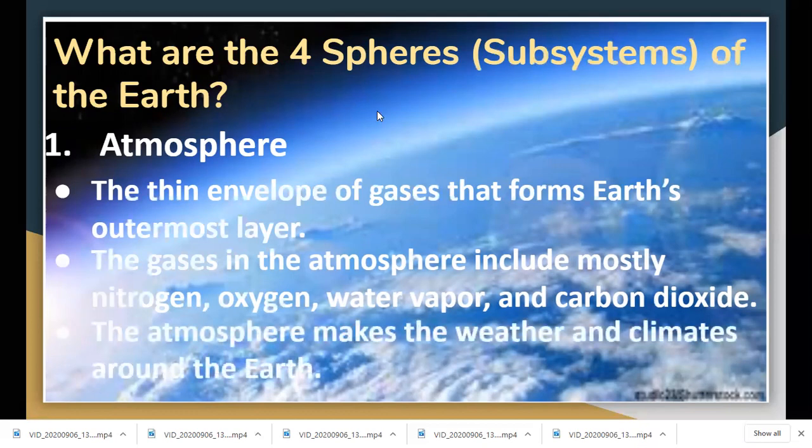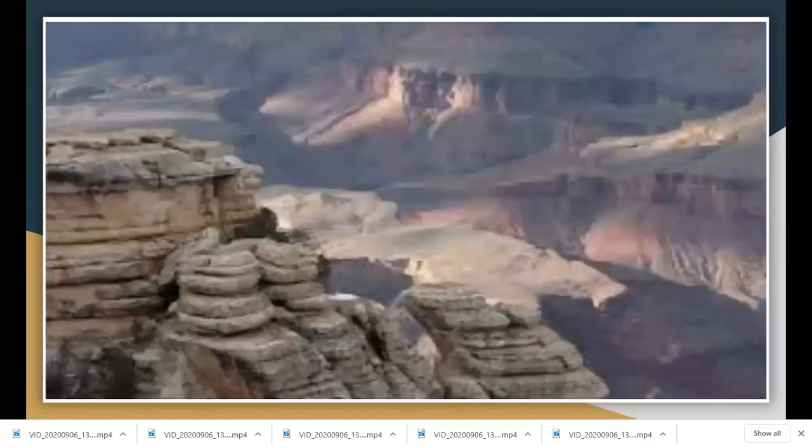And the atmosphere is what's responsible to make the weather and the climates that we have around the earth. Later on in the year, we're going to be discussing weather and climates in greater detail. I think you'll find that a very interesting unit as well. So the atmosphere is that thin layer of gases around the outermost layer of the earth.